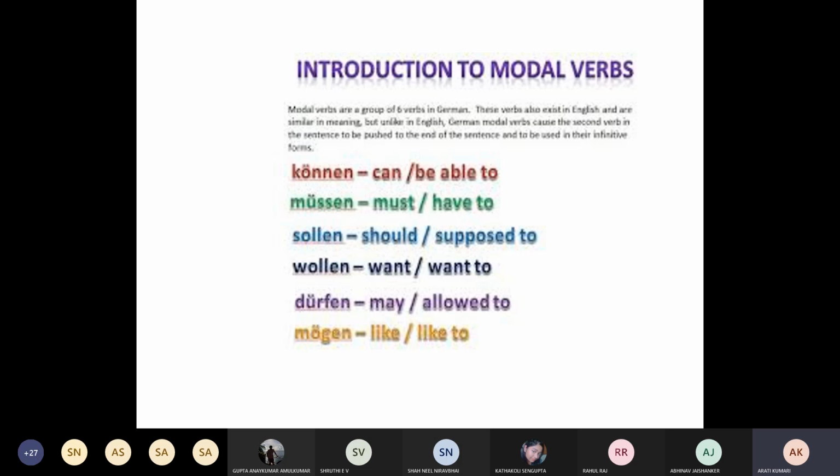Or suppose there are places where one cannot park the vehicle. There also the same verb is used. Man darf hier nicht parken. One is not allowed to park here. Like that.